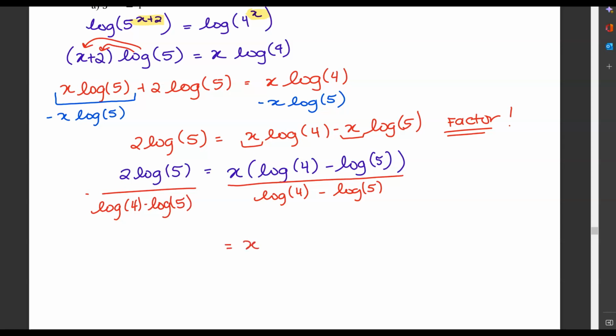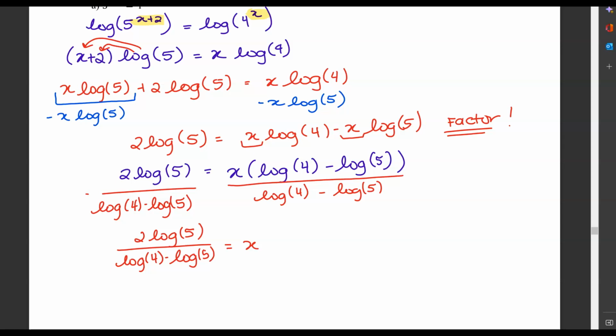And so we're left with x equals 2 log 5 over log 4 minus log 5.